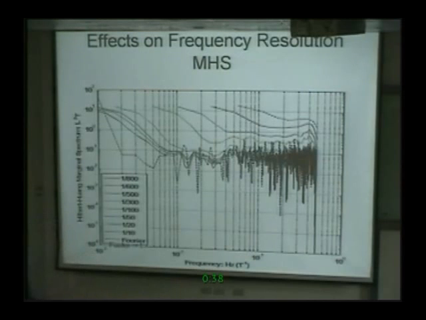Now, I have a Fourier. This dotted line is Fourier. All the other lines are Hilbert spectrum. This Hilbert spectrum has different resolution, different beam size. The smaller the beam size, the higher the value.